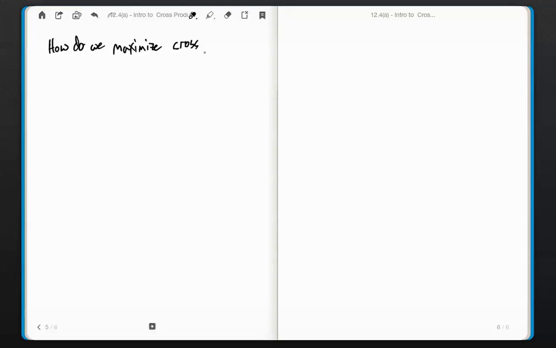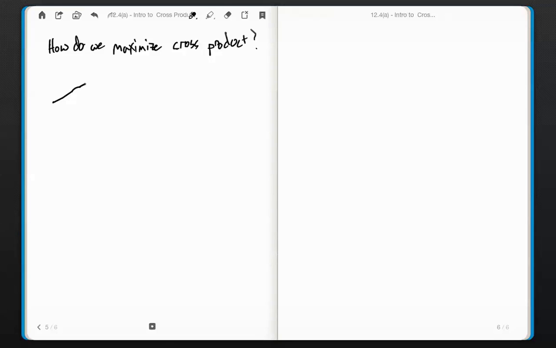One more thing that's kind of interesting about how this works, if we ask ourselves, how do we maximize the cross product? Well, remember that the cross product kind of gives us the area of the parallelogram.